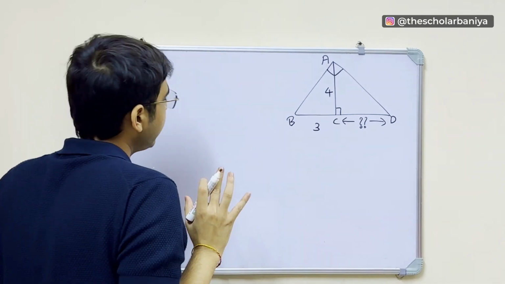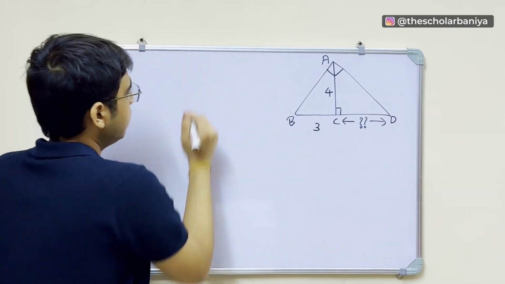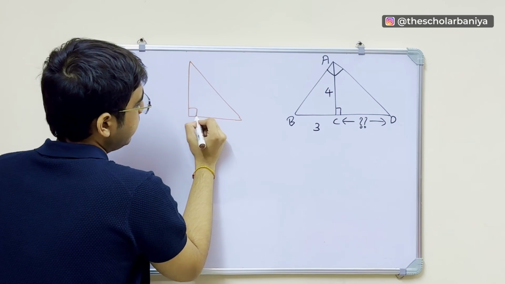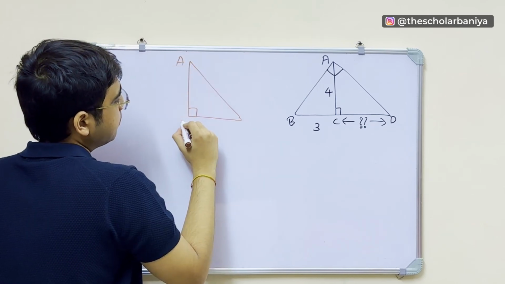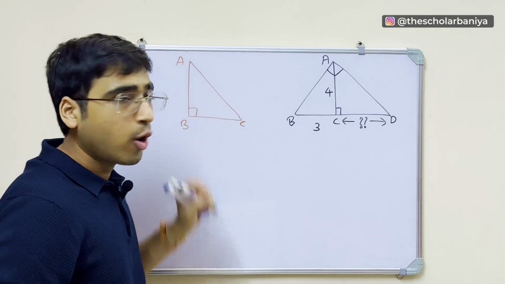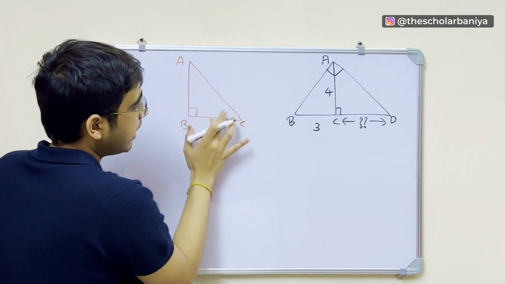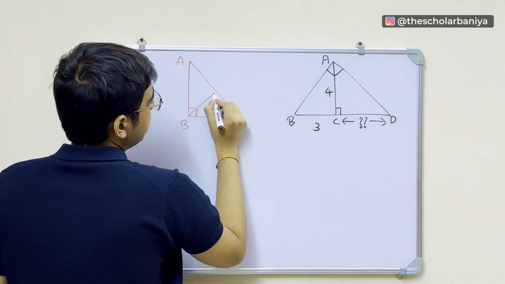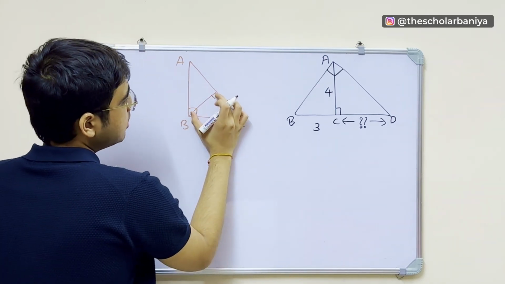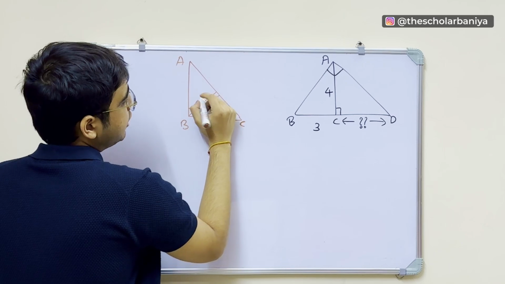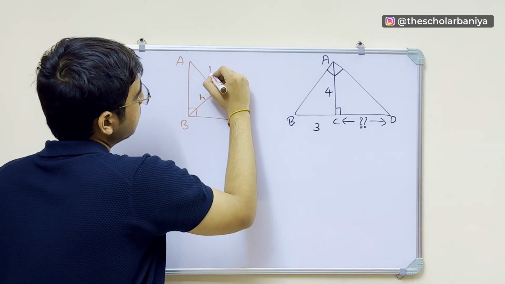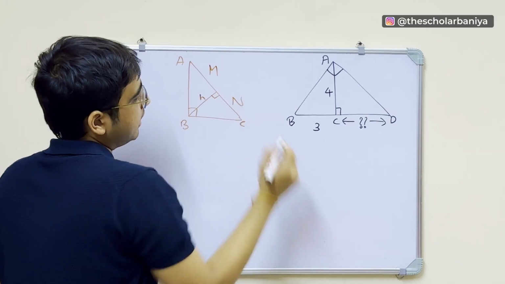So for any right angle triangle, for example, this is a right angle triangle, let's suppose ABC. If from this side we drop a perpendicular on the hypotenuse, let's suppose the height of this is h, and this part is m and this part is n.